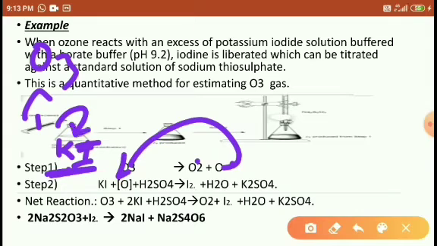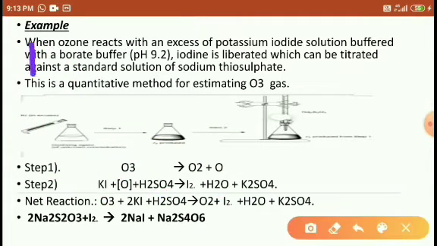Then we add a small amount of H2SO4, because it acts as a dehydrating agent. Then the iodide turns into iodine molecules, and forms H2O and K2SO4 like this.